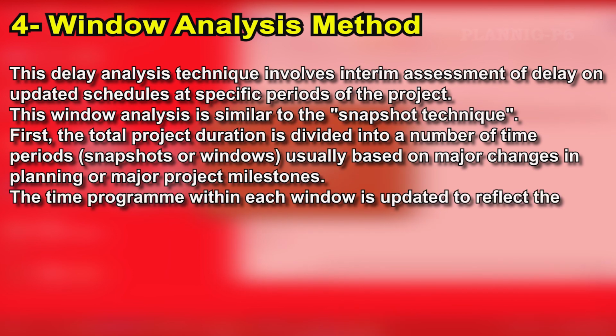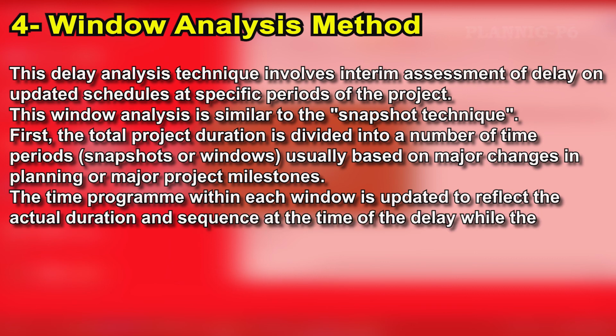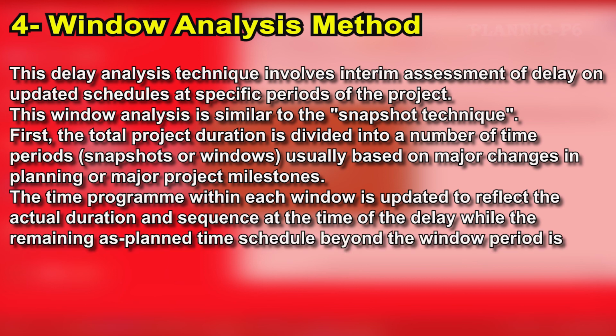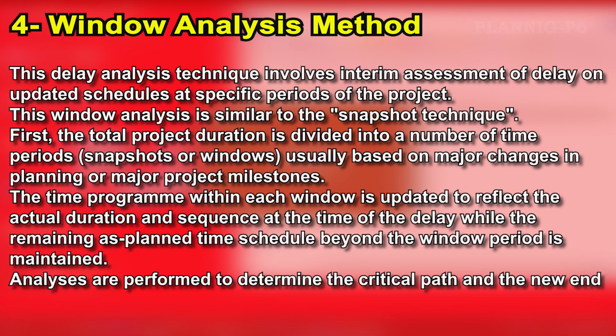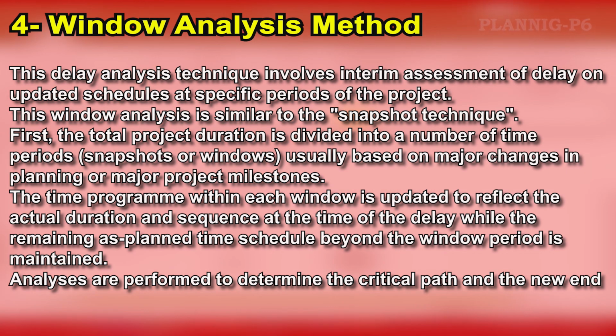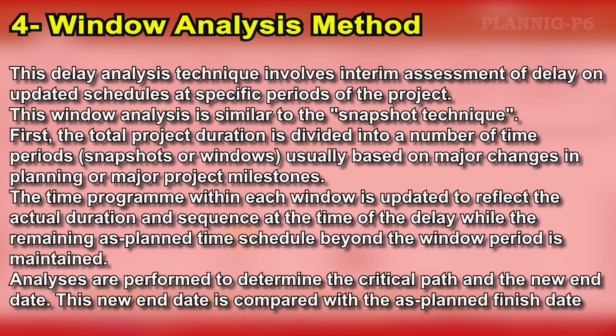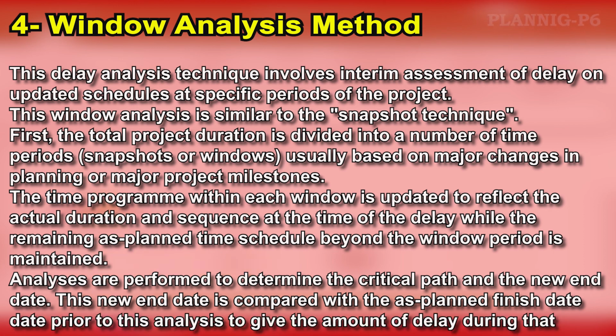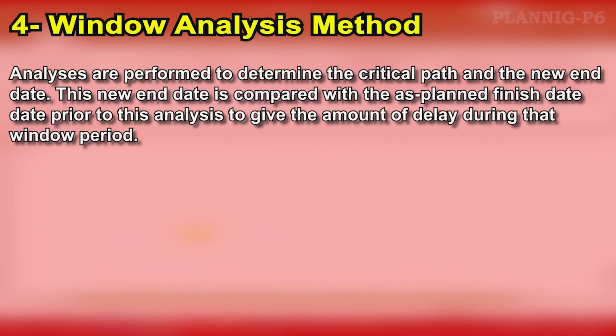The time schedule within each window is updated to reflect the actual duration and sequence at the time of the delay, while the remaining as planned time schedule beyond the window period is maintained. Analysis is performed to determine the critical path and the new end date. This new end date is compared with the as planned finish date prior to this analysis to give the amount of delay during that window period.